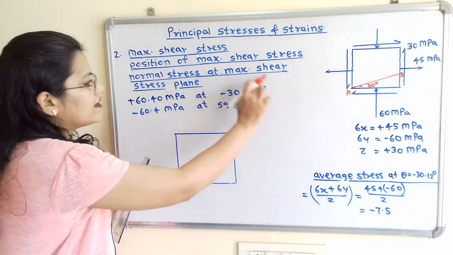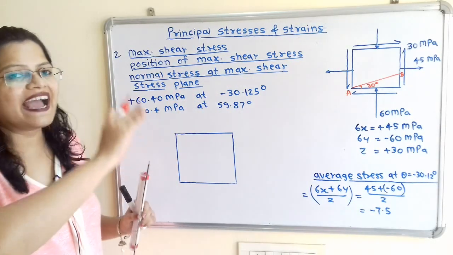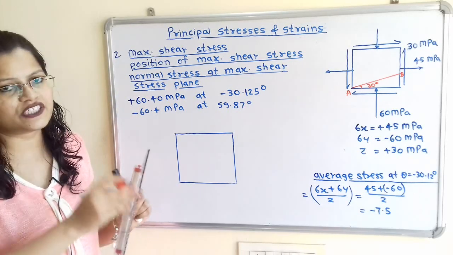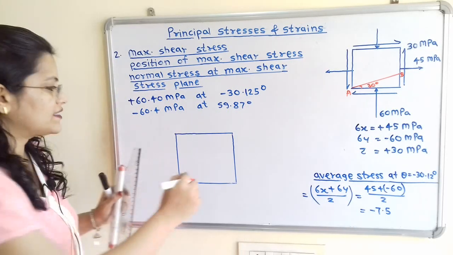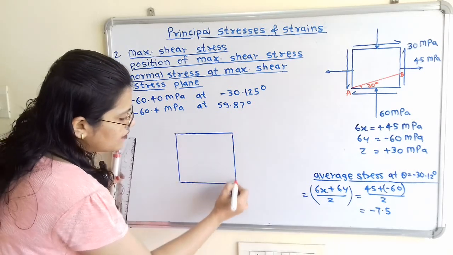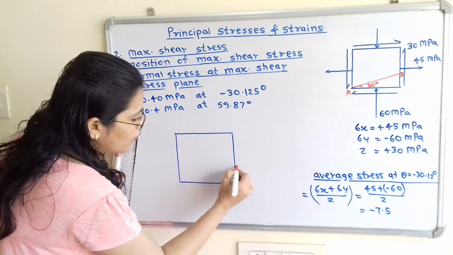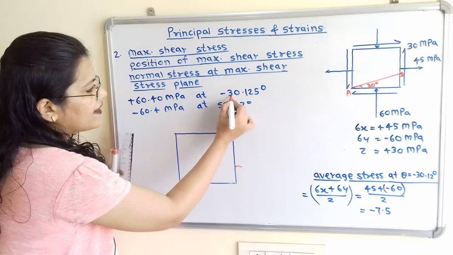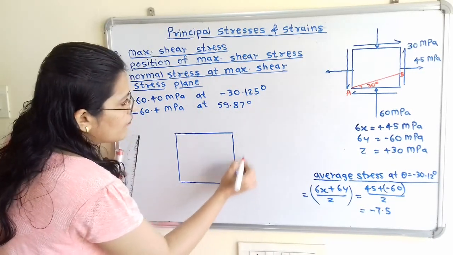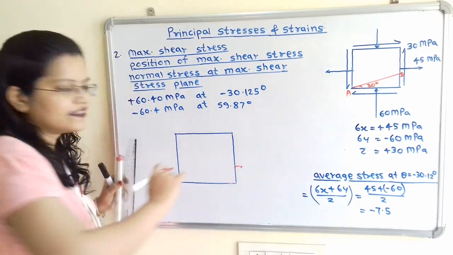But here the angle is negative. That means we have to move in the opposite direction, that is the clockwise direction. So from this front face, if I move in the clockwise direction at an angle 30.125 degree, then I will get this point.